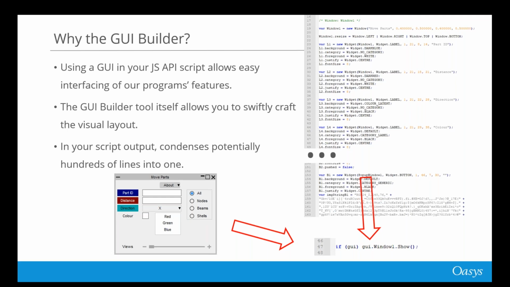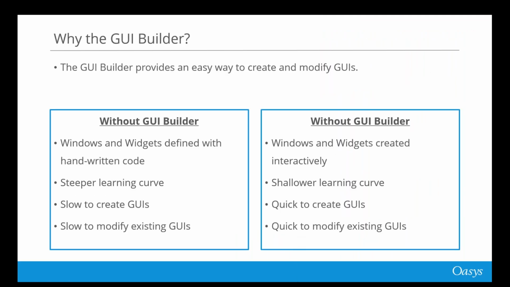As you can see, this small panel will probably get you up to hundreds of lines in the previously handwritten code. However, with the GUI Builder tool, all you need is the if GUI reference line, and that is all you need. It will reference the file that is automatically output.